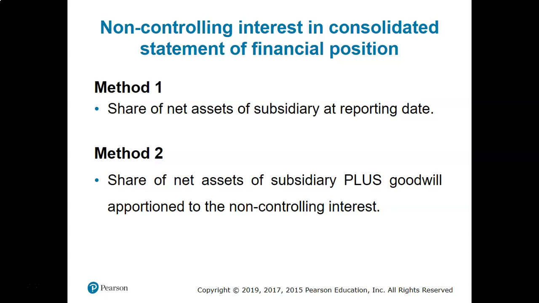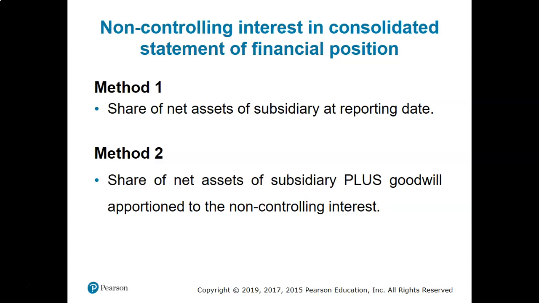So what is the net asset of the subsidiary, and what is the percentage of the non-controlling interest? For example, non-controlling interest is 20% and net asset is 10,000. So 10,000 times 20% is 2,000, which is the non-controlling interest.